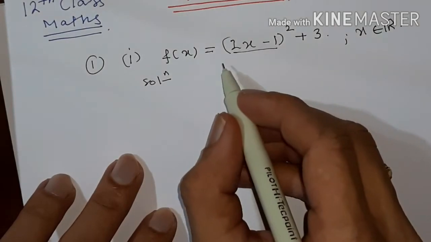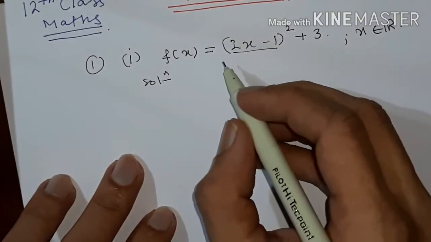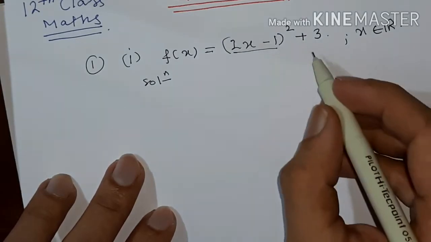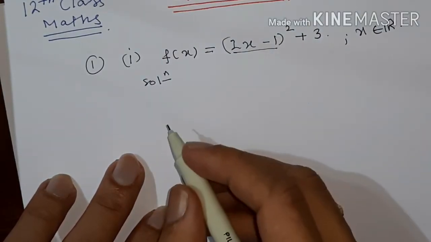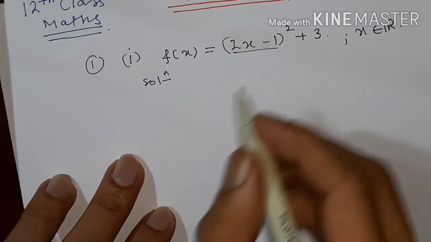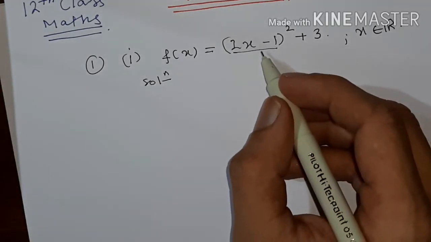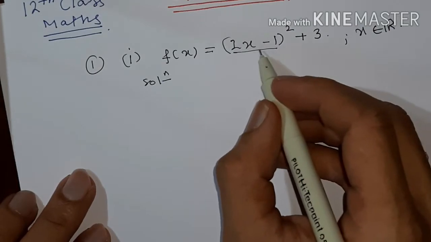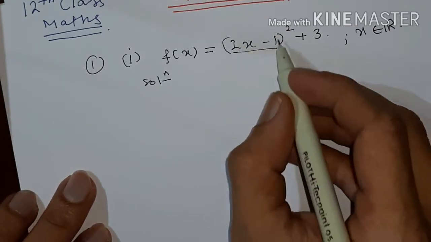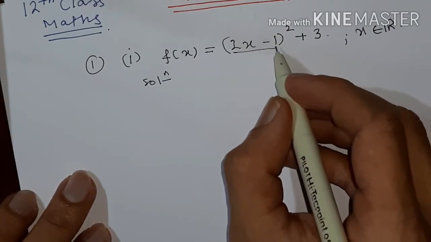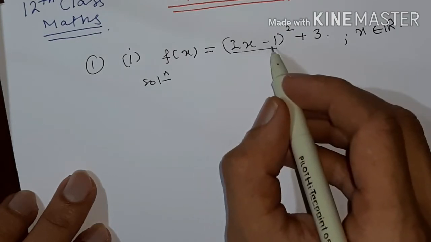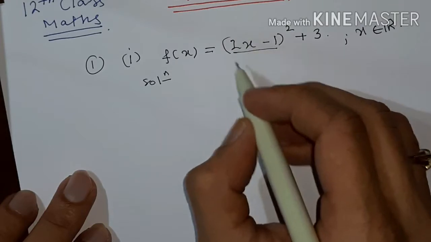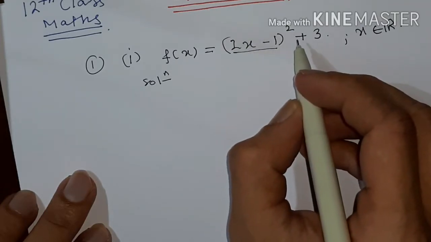Now this function will be minimum when this quantity which is inside the square becomes 0, or for that matter, this whole quantity becomes 0.